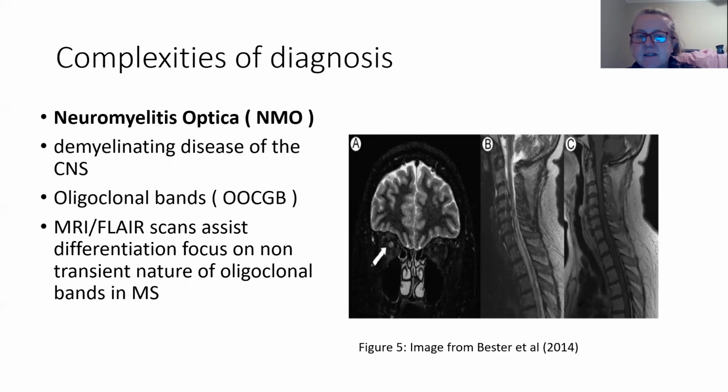MRI and FLAIR scans can be used to assist the differentiation of this diagnosis, in that whilst both MS and neuromyelitis optica have presentations of these oligoclonal bands, the areas of the brain for MS are restrained to one area, and those for NMO are transient in nature.